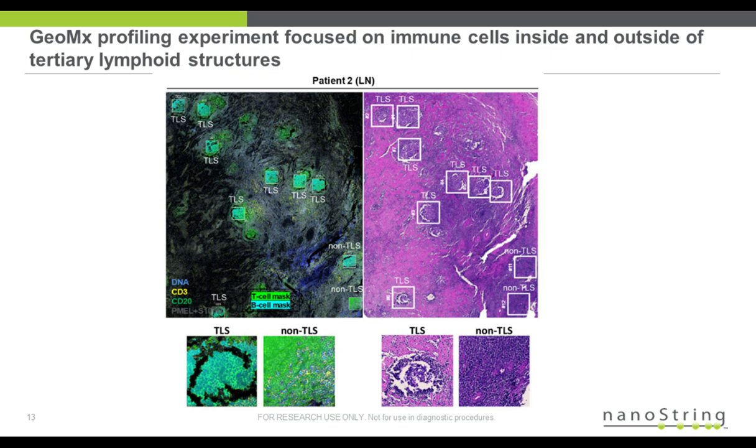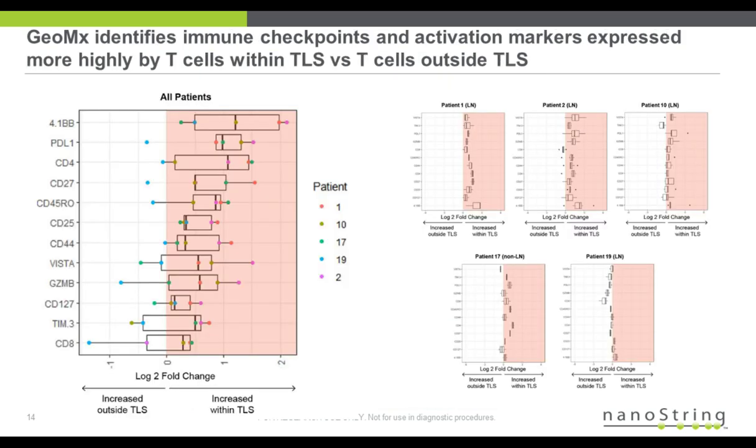And within those TLSs, we were then dissecting out optically using that UV light to characterize T cells and B cells separately.